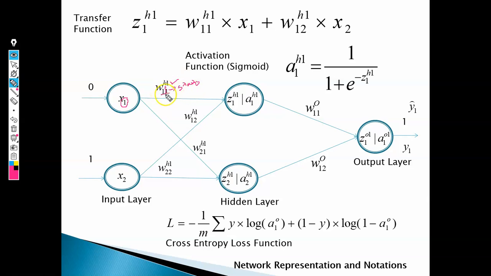Like that here, this is the previous layer. It starts in the previous layer and it ends in the current layer.